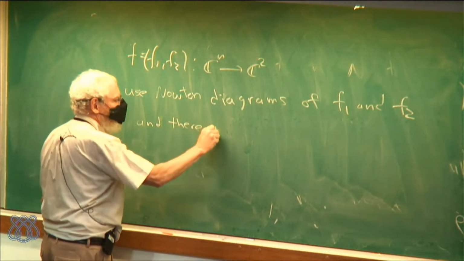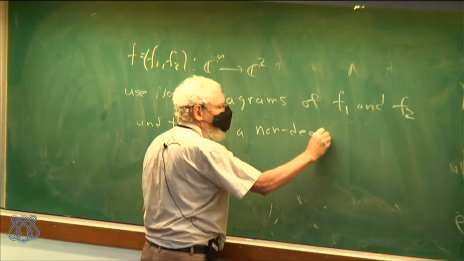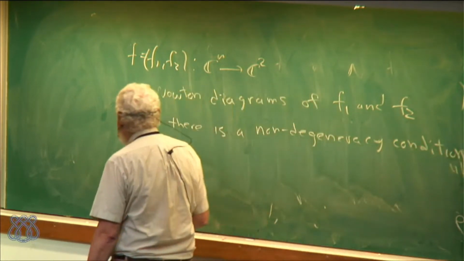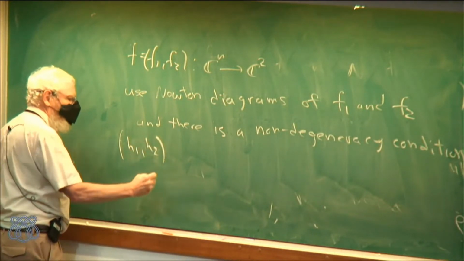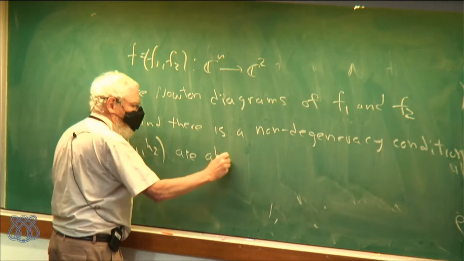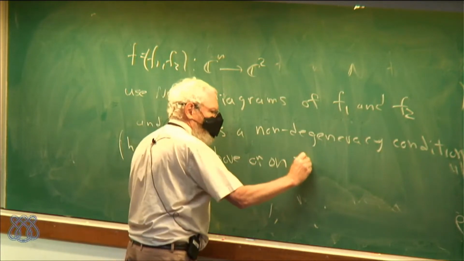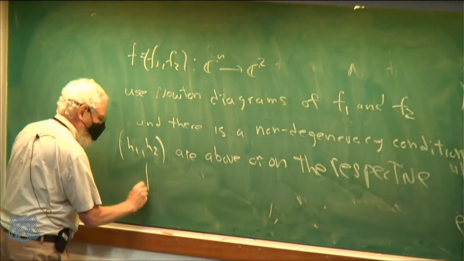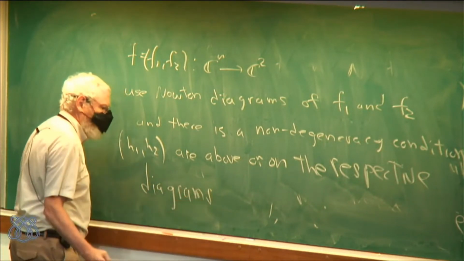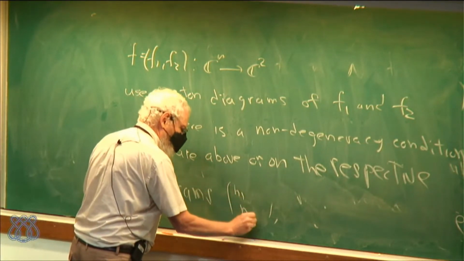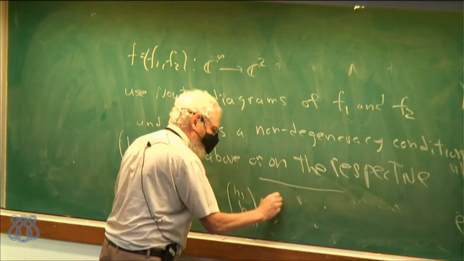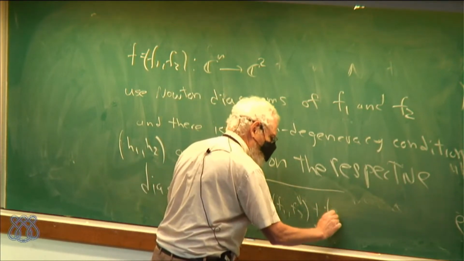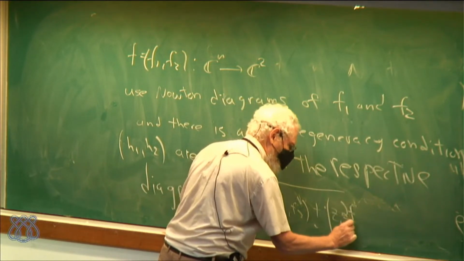But anyway, getting back to this, we use the Newton diagrams of F1 and F2, and there is a non-degeneracy condition. And the theorem this time is that if H1, H2 are above or on the respective diagrams, then H1, H2 is in the integral closure of the ideal generated by F and this submodule of the Jacobian module, Zi partial F, partial F with respect to Zi.